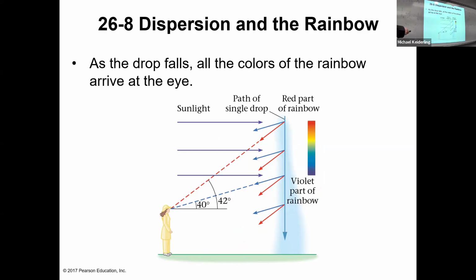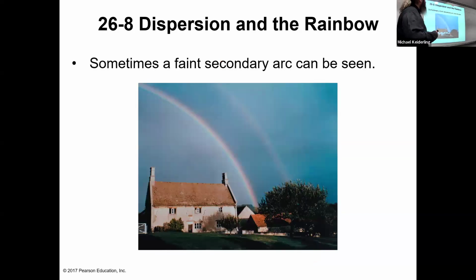So you have a ton of raindrops, and individual colors come from each section of them. There's also some interference effects. And sometimes you get a faint secondary rainbow, the double rainbow. You guys might be too young for that.